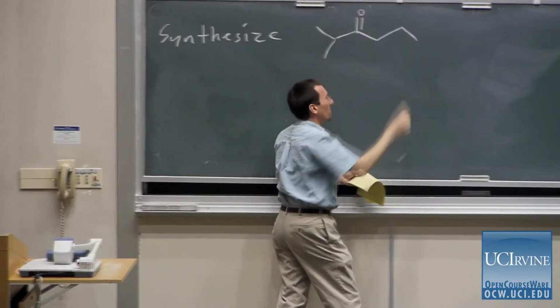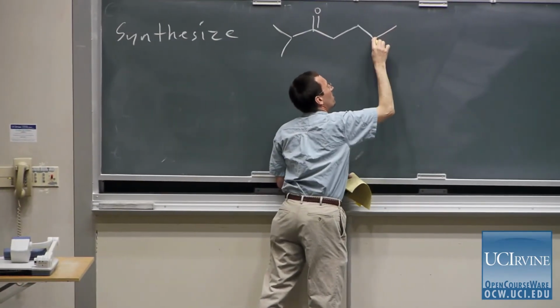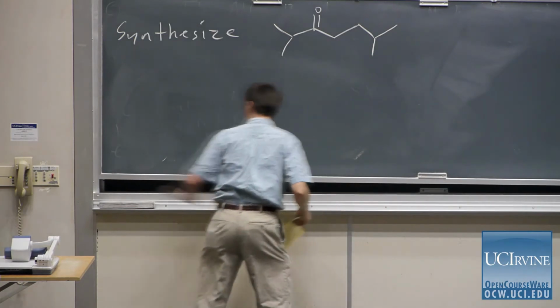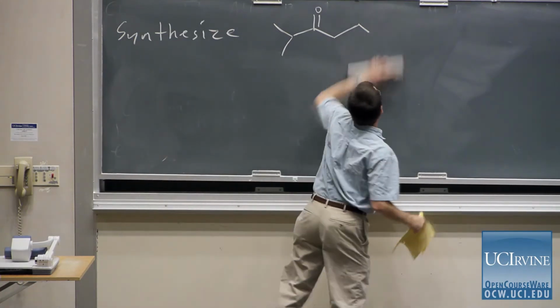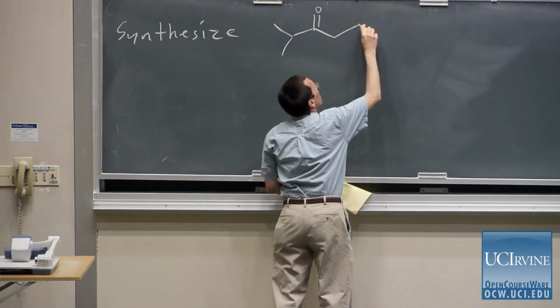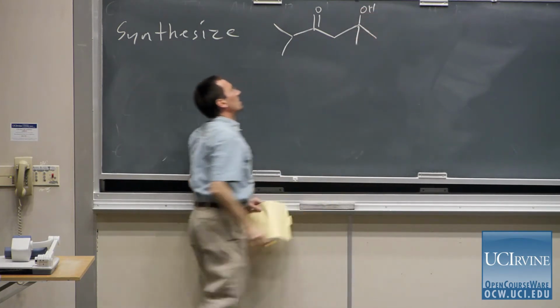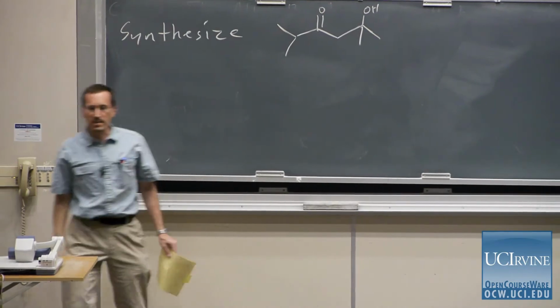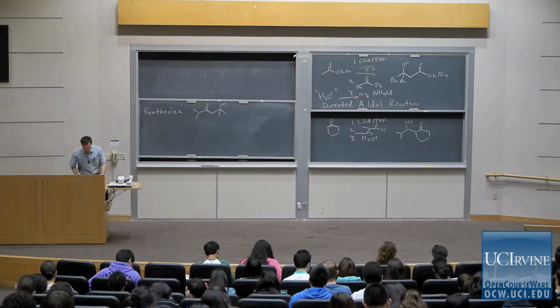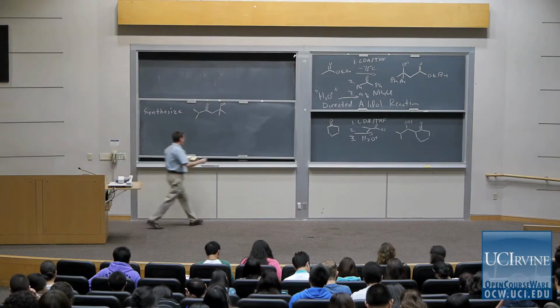But you can figure the name of it if you like. See, the one I've chosen for this particular example is this molecule. And I'm going to say synthesize this molecule from simpler compounds.